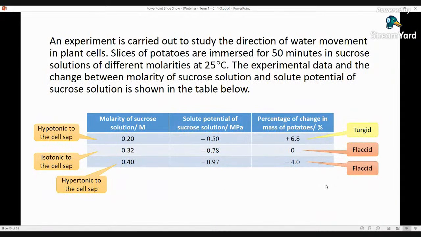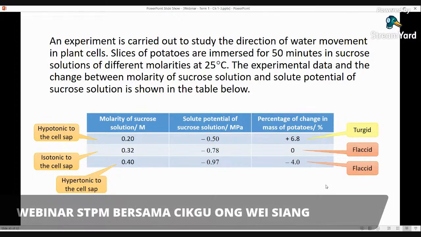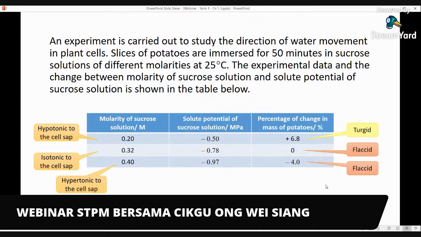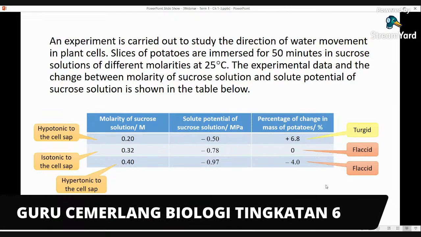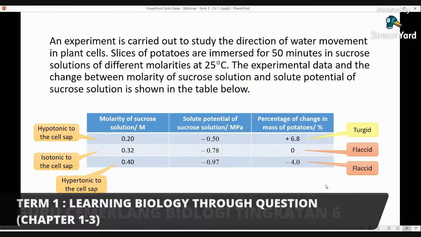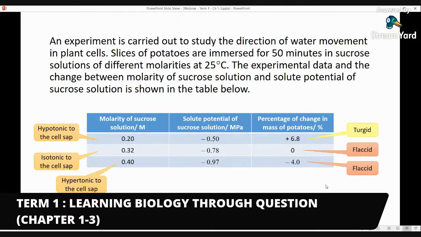All right, then we go to the next and final part of today's discussion, which is water potential, the calculation involved in water potential. So I retrieved a question from the past year about the calculation part.